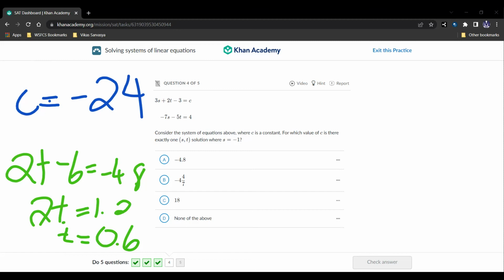If setting c equals -4.8 works, let's try the other ones. -4 4/7, which is just -32/7. If you plug in that as c, then we add the 6, and then divide by 2, and we get that t is going to be 5/7.